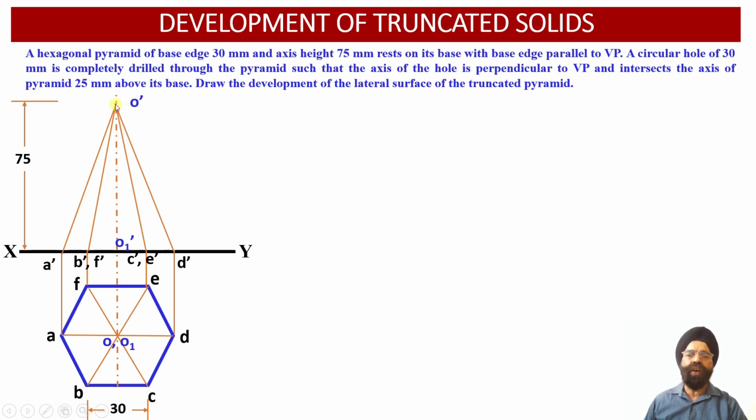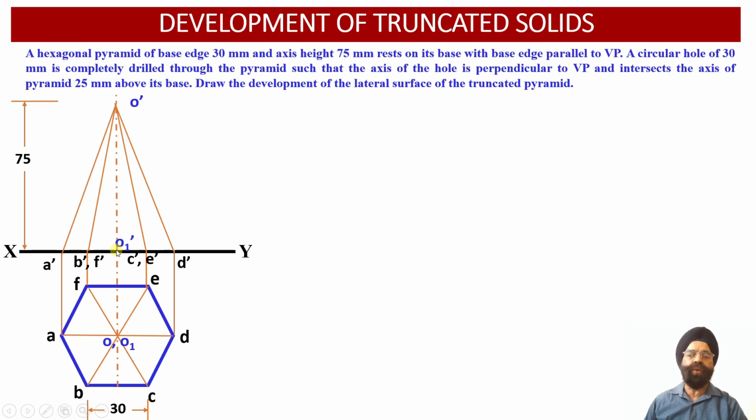Now we can join this apex point O dash with all the base points of this hexagonal pyramid. The slant generators O dash A dash, O dash B dash, O dash C dash, O dash D dash, O dash E dash and O dash F dash have been located in the front view elevation. The axis point O1 dash corresponding to the base we have also located here.